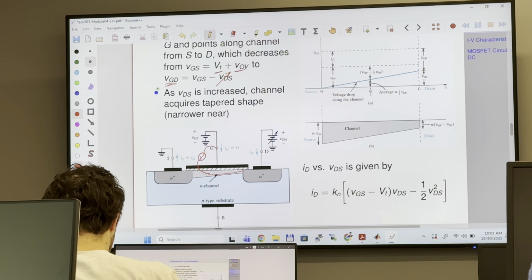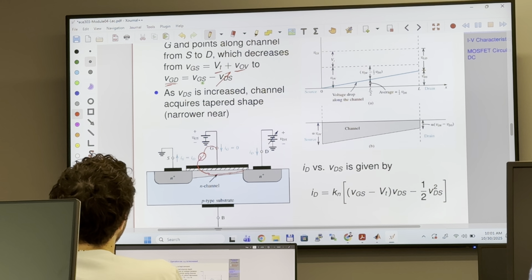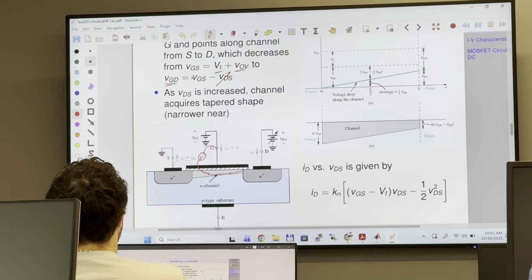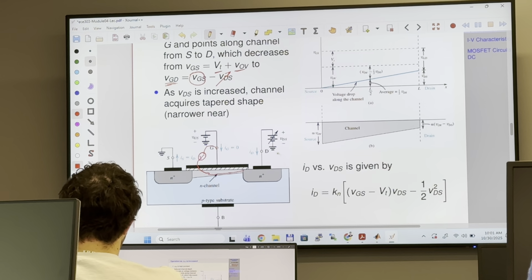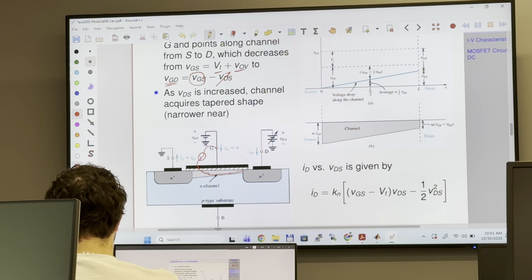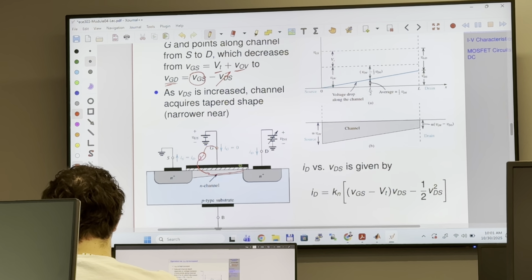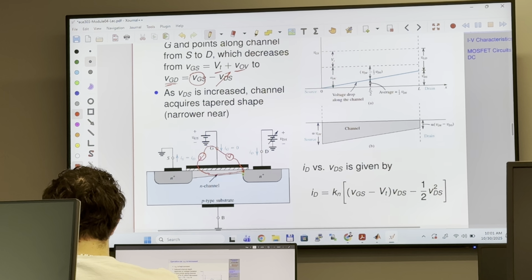If you increase this, it is going to go up or down. VGS is constant. If you increase VDS, what will be VGD? It will decrease, right? VGD is going to decrease, which means that the voltage between gate and drain here is going to go down.